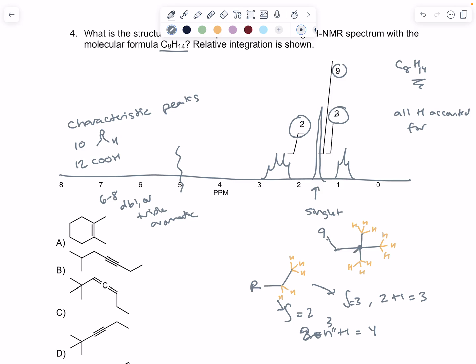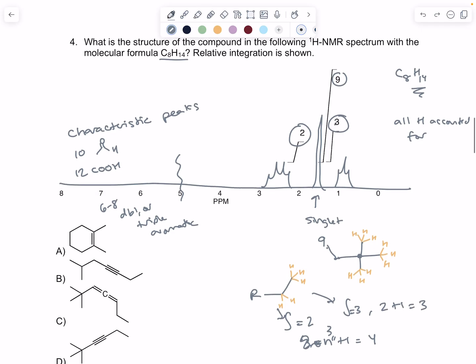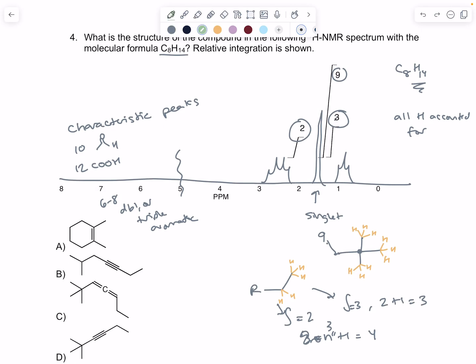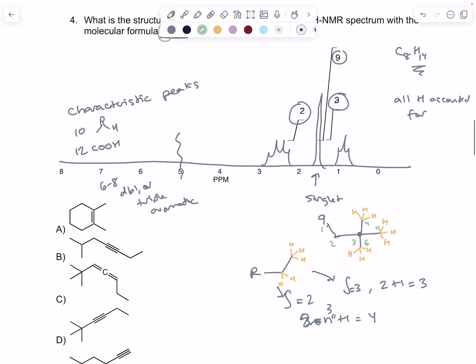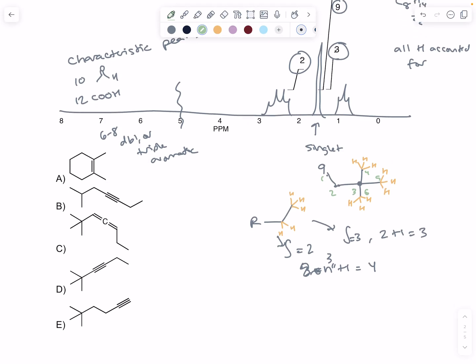Because there's this carbon right here with no hydrogens, it doesn't impact anything. But I'm going to count up my carbons and see if that makes sense. I have 1, 2, 3, 4, 5, 6 carbons. Okay, so no, that does not make sense because I'm missing 2 carbons. That puts me in a bit of a predicament.